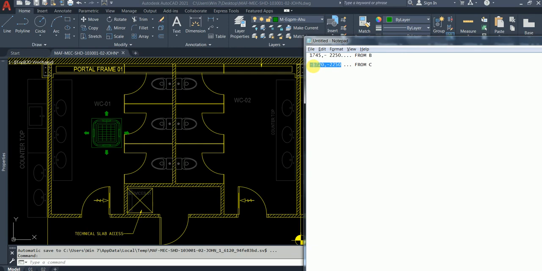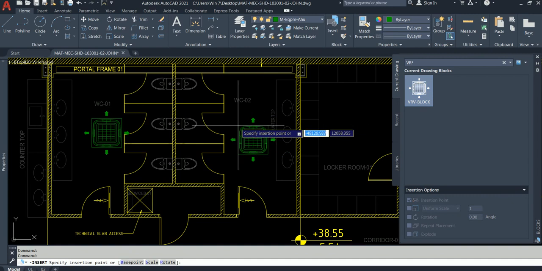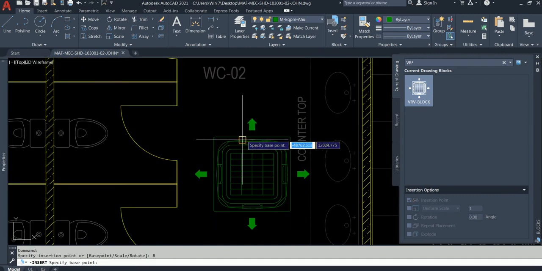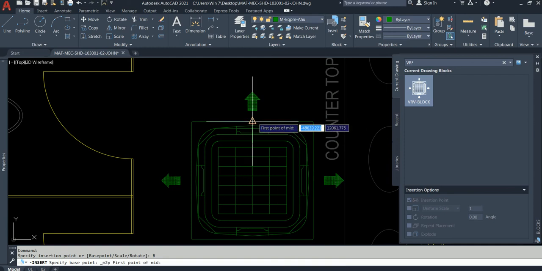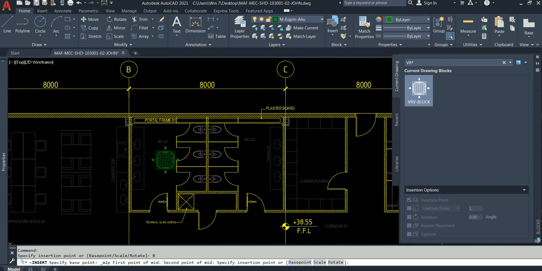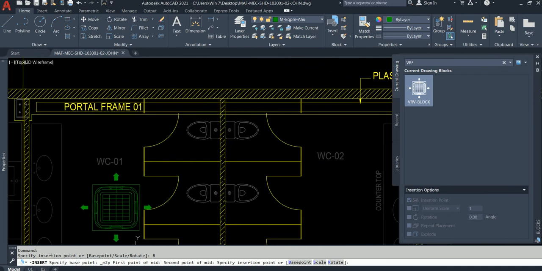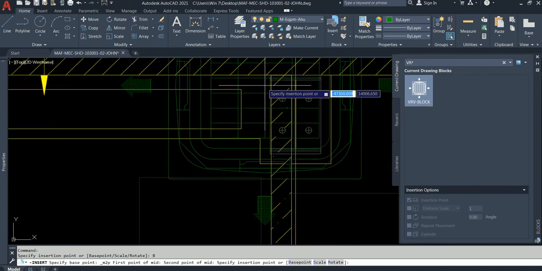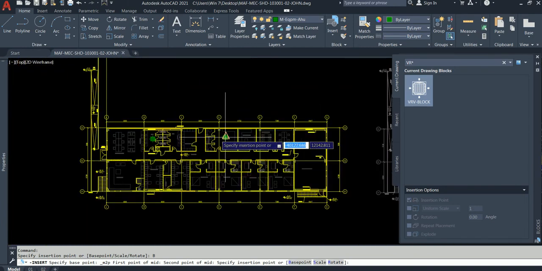Copy this, Control C. Right click, insert, base point. What do you say the base point would be? Shift right click, mid between 2 points. I believe it is from the finished one, this one. I generally like to do something called a double check.